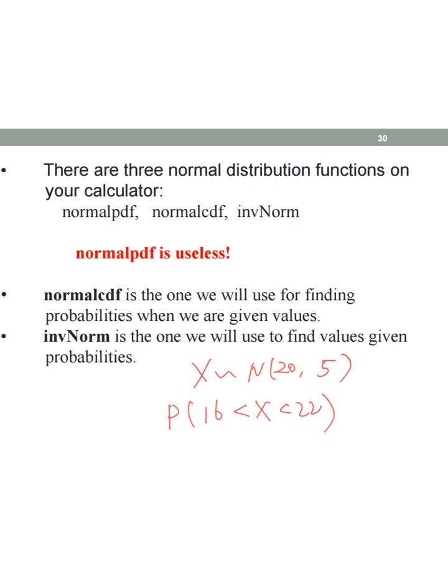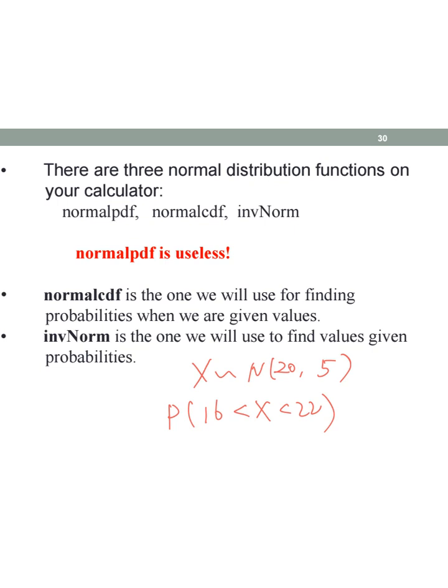I want the probability between 23 and 27, so 27 is my upper. The mean and standard deviation I don't need to change, still 20 and 5. Press enter. It will give me this output, 0.1 something. Could you see it clearly? This is the output from my calculator: 0.1935.